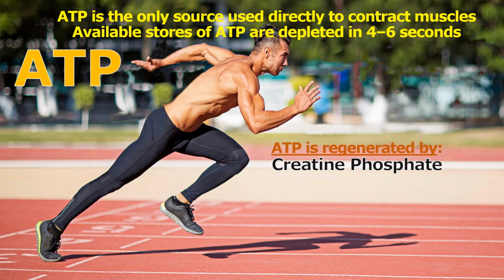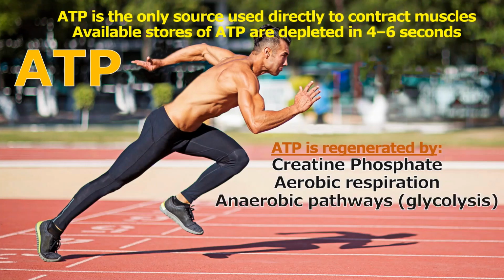The simplest one is probably ATP generation through creatine phosphate. There's an aerobic style of respiration, which will, of course, require oxygen to be taken in. And then there's some ancient anaerobic pathways, sometimes referred to as just glycolysis or glycolytic pathways.